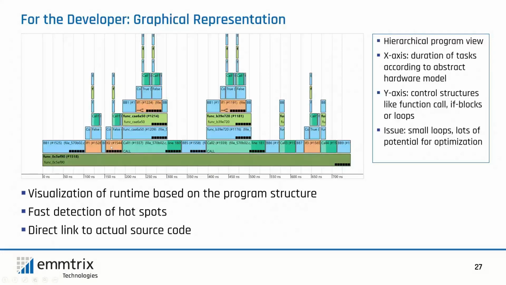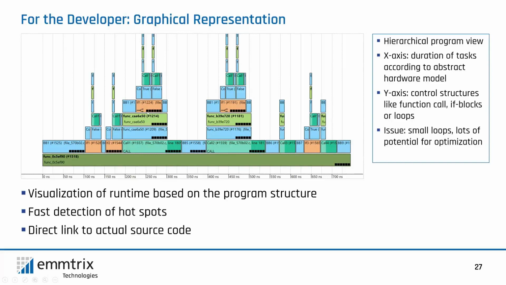We can see here if blocks, function calls, and in this example, there are no loops, but all the different control structures that might exist inside of the program. And we have some color highlighting. So this orange here means these are constructs that we cannot analyze statically. So we cannot estimate if the true or false path is taken here.